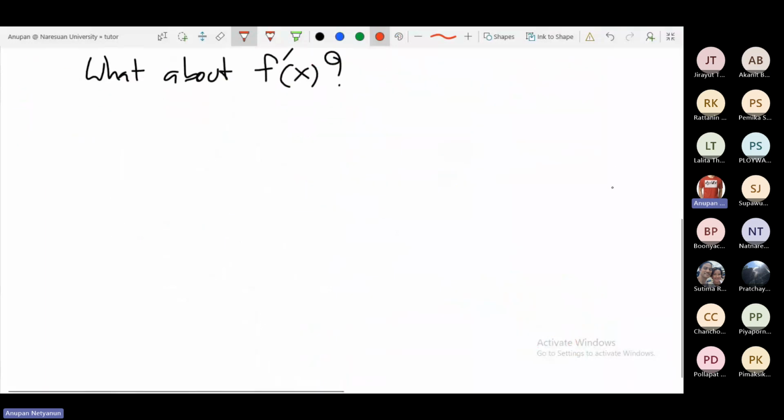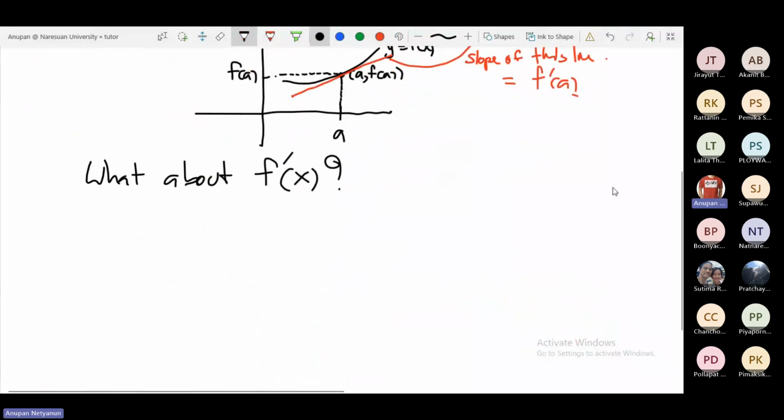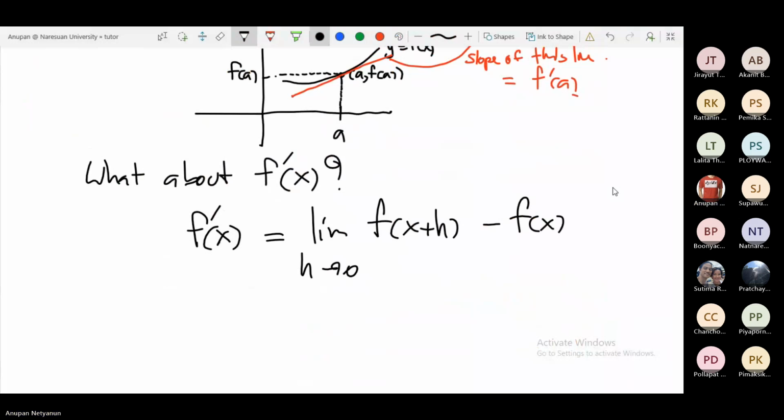So that means just by using the first definition of the derivative of f at x equal to a, you will have the derivative of f at any x. It is the limit when h approaches 0 of f of x plus h minus f of x, divided by h, only. You only have one definition for the derivative at any x. Okay.